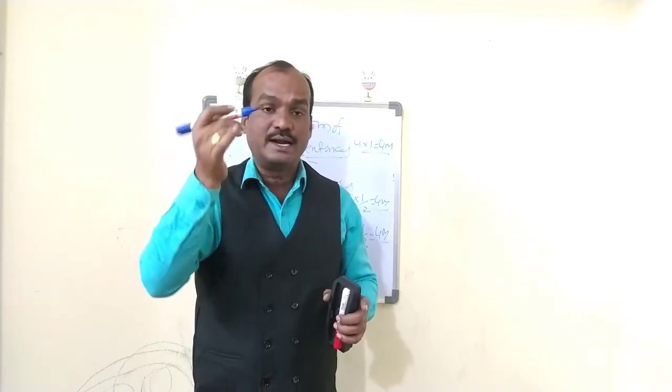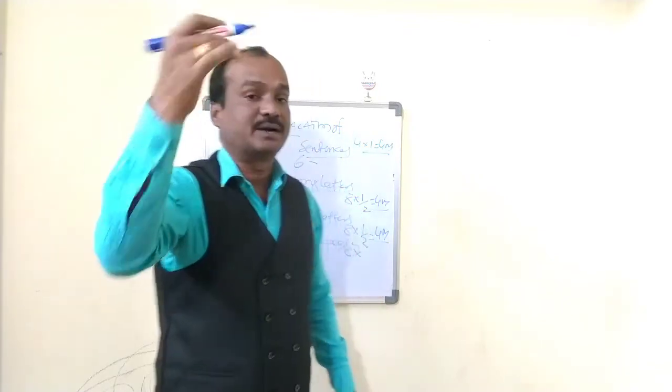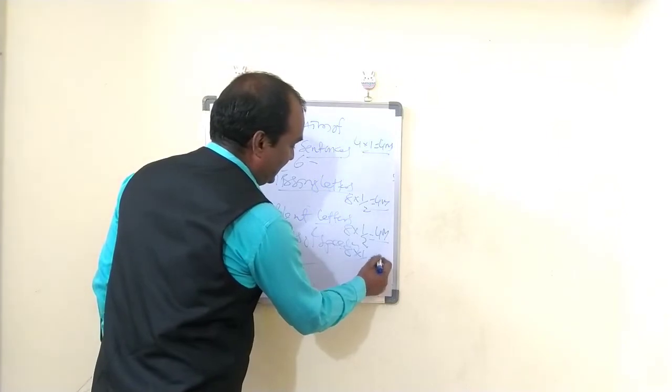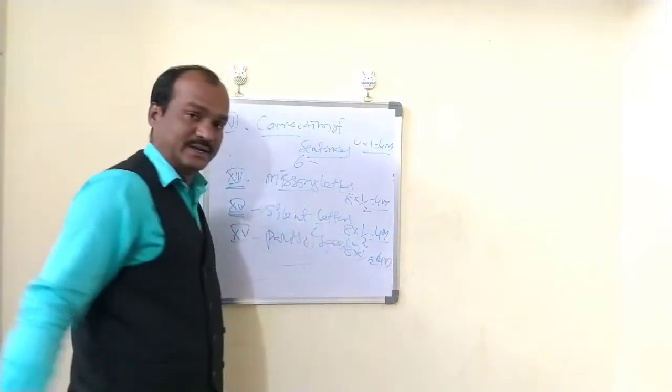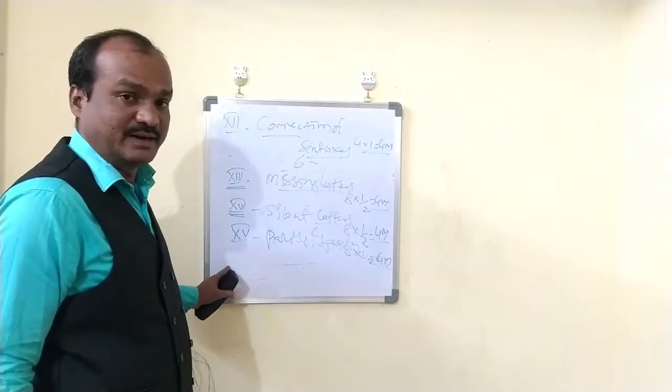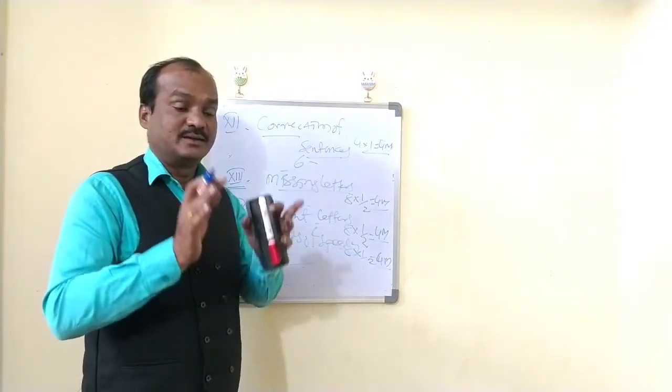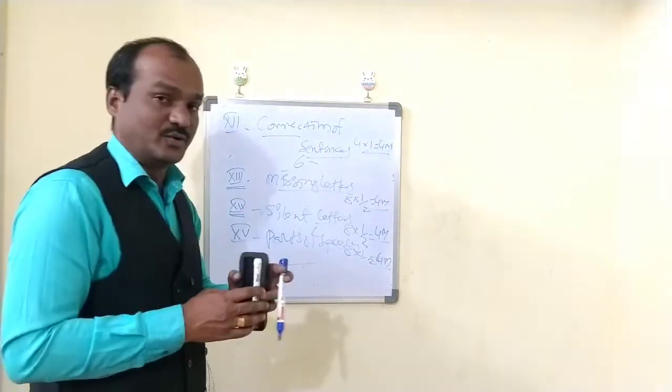So we need to identify the parts of speech of the underlined words. That is the way of asking the question, right? So 8 into half, again you will get 4 marks over here. So this is bit number 15, parts of speech. Identification of the parts of speech carries 4 marks, right?